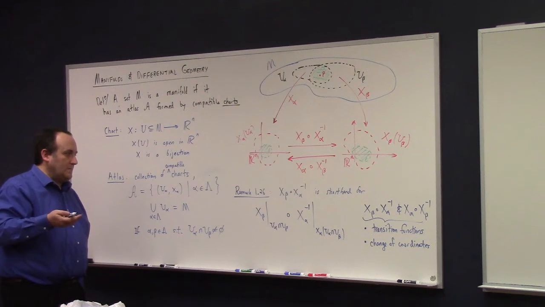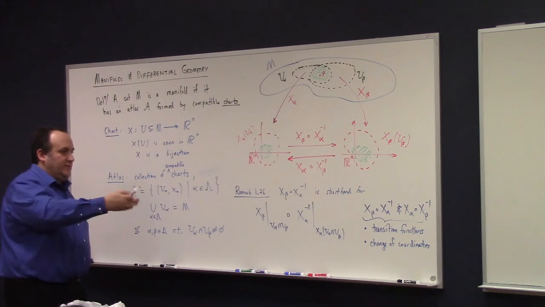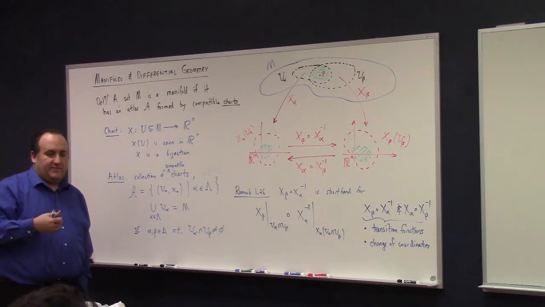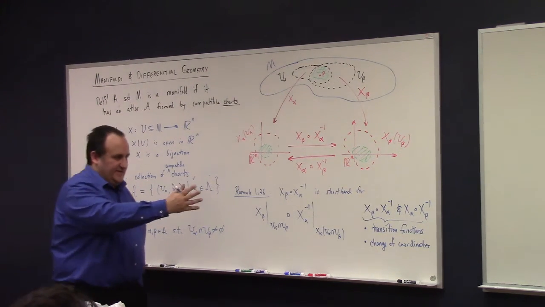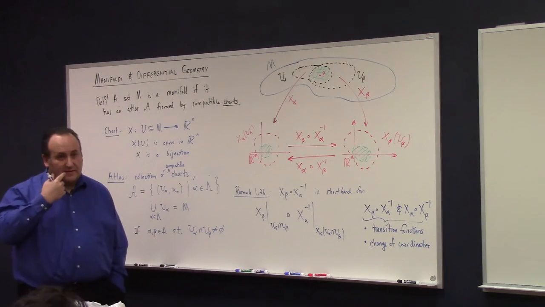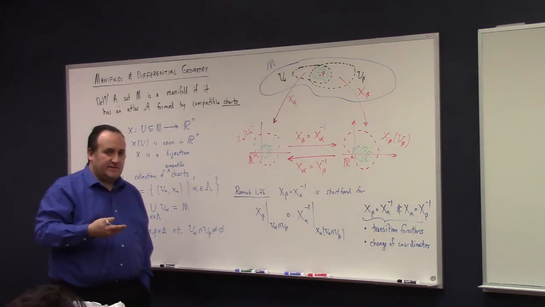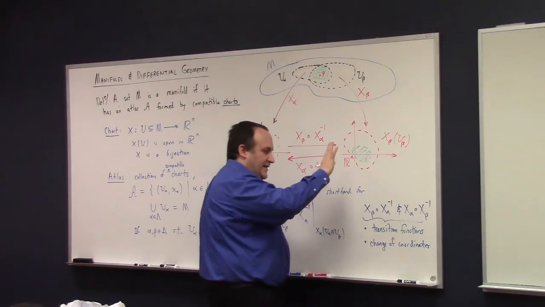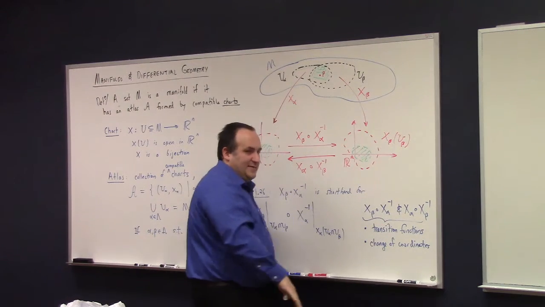Okay, so I still haven't told you what the condition is. Whatever condition you put on the transition functions tells you what kind of manifold you're dealing with. If there's no condition, if these just have to be continuous bijections, then you just have what's called a topological manifold. You strip it down to its bare essentials: these have to be continuous maps.